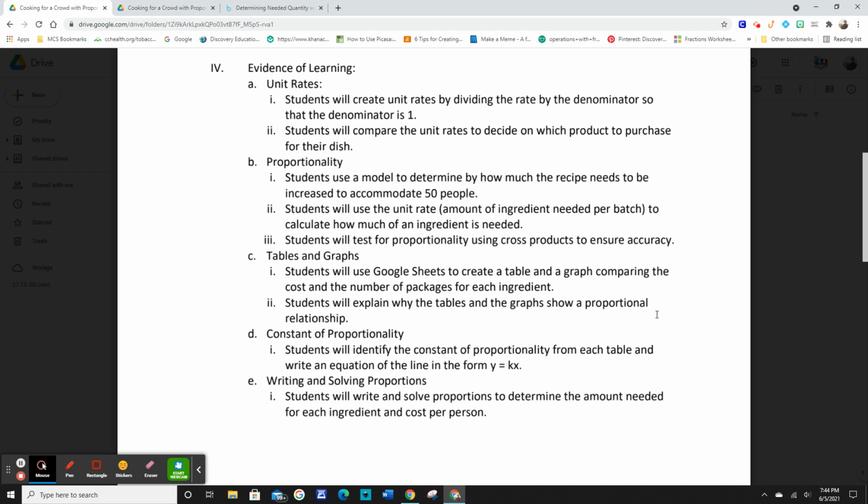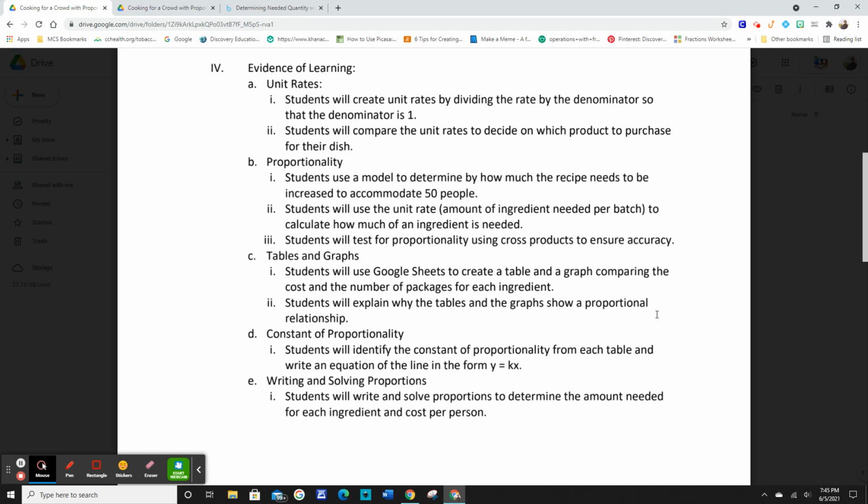Next, proportionality. Students are going to use a model to determine how much the recipe needs to be increased to accommodate 50 people. Students are going to use the unit rate, in other words, the amount of the ingredient needed per one batch, to calculate how much of the ingredient is needed overall. And then students are going to test for proportionality by using cross products to ensure accuracy.